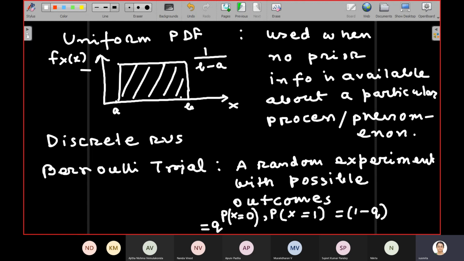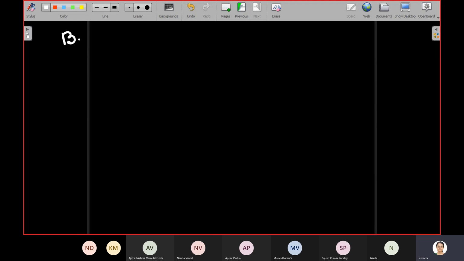Next one is the binomial distribution. If we perform the random experiment with 2 possible outcomes n number of times, each time we'll have one of the 2 possible outcomes, right?